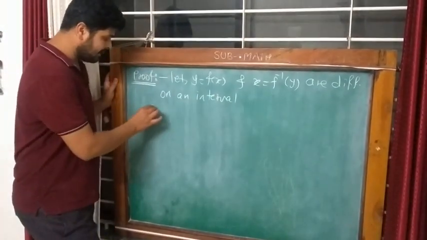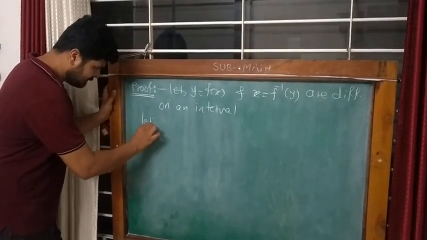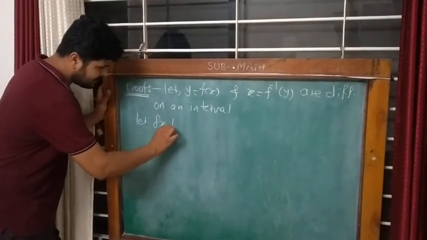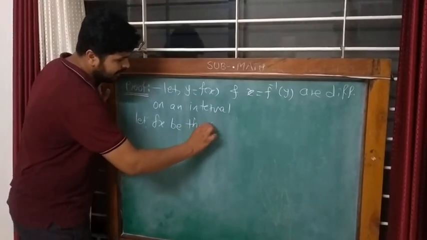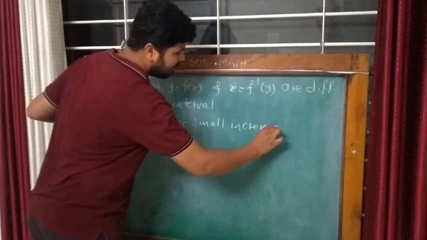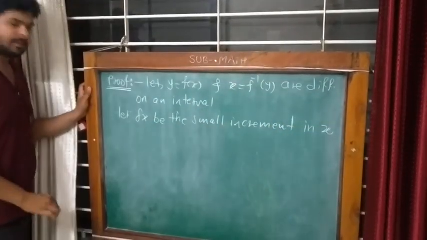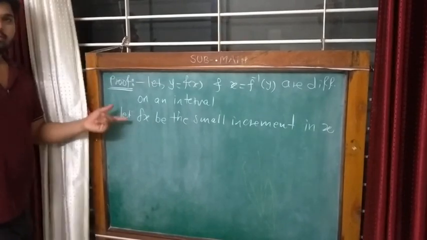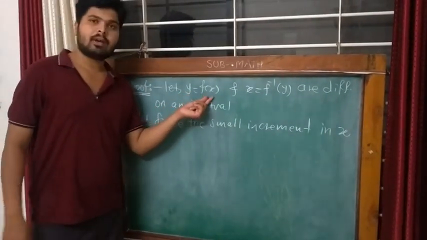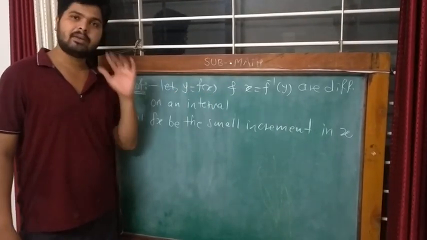In the further part, what we do, we are assuming let delta x be a small increment in variable x. As you know, this y is dependent upon x here. So x is the independent variable, y is the dependent variable.